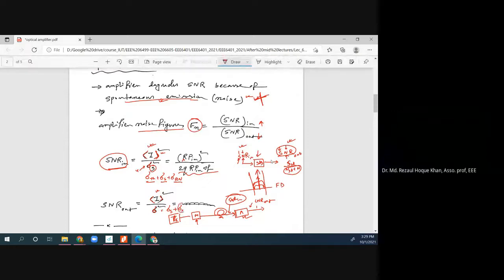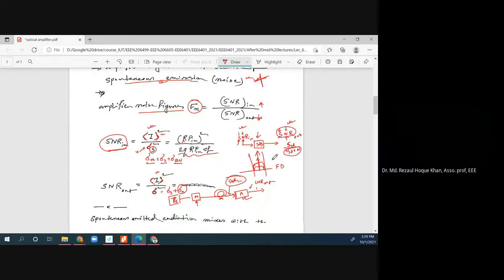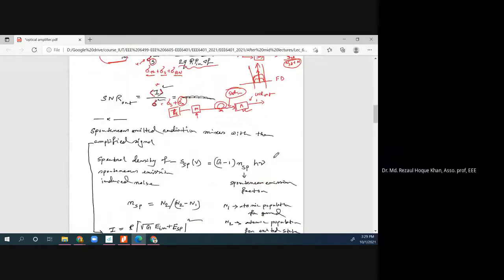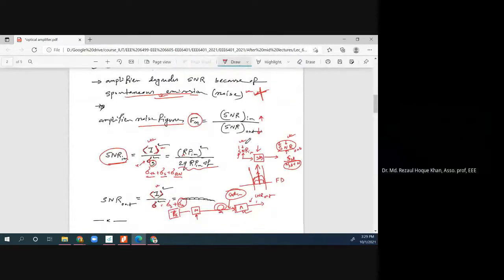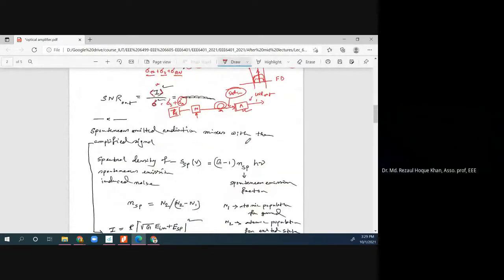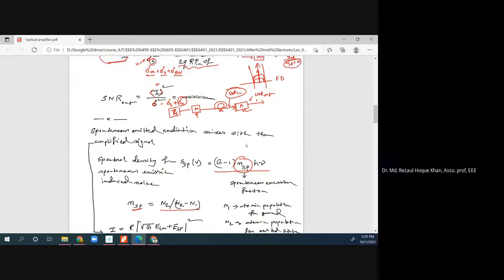Okay. Now, spontaneous emission mixes with the amplified signal, right? That's true. So what is the spectral density of the spontaneous emission noise? For spontaneous emission, the spectral density is given by this equation, where this is the spontaneous noise factor. The spontaneous noise factor is related to N1 and N2.